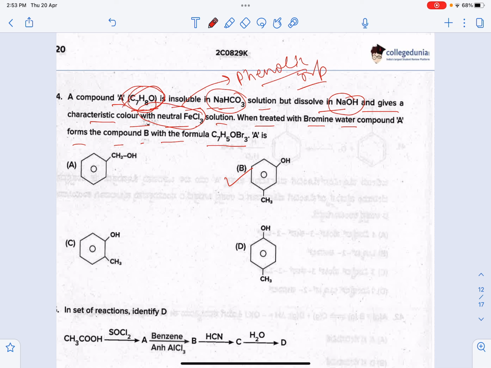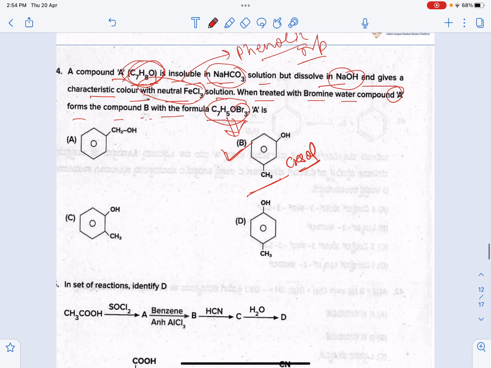Second, when A, the phenol, is treated with bromine water, it forms a precipitate with the formula given, which is very close to cresol. It is known as cresol. Our correct option will be B.